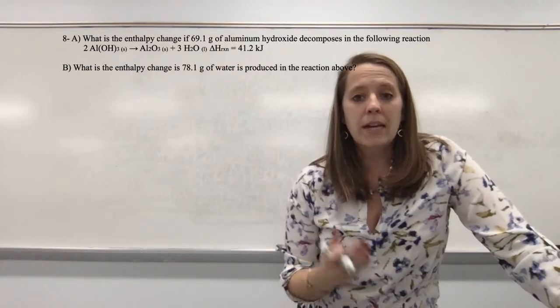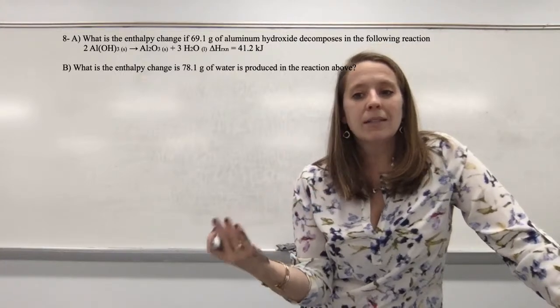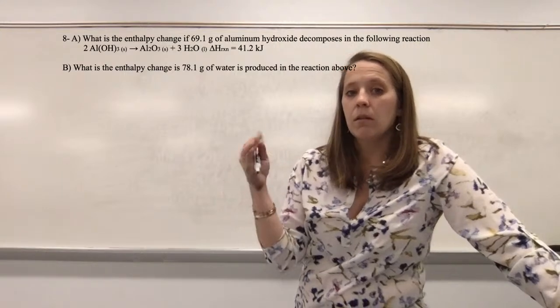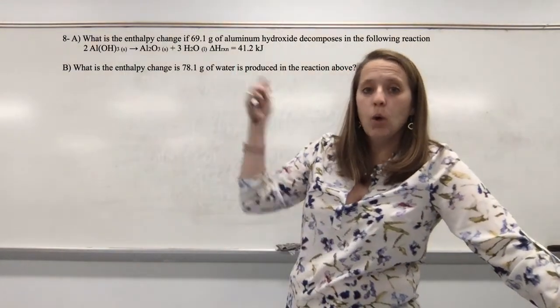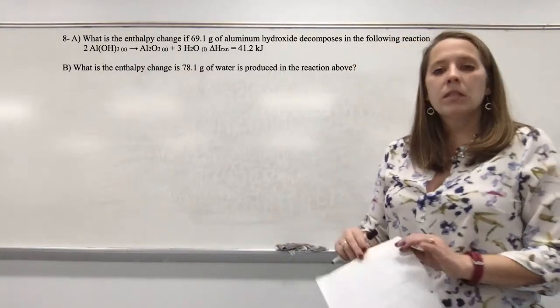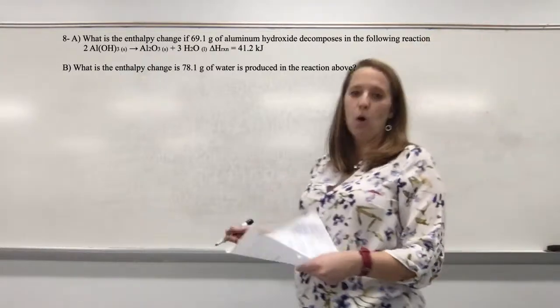So delta H is enthalpy. So what we're being asked to calculate is what is the change in reaction for only 69.1 grams of aluminum hydroxide. So the first thing we need to do is convert to moles, because that's kind of all we do. Not all, but it's important.